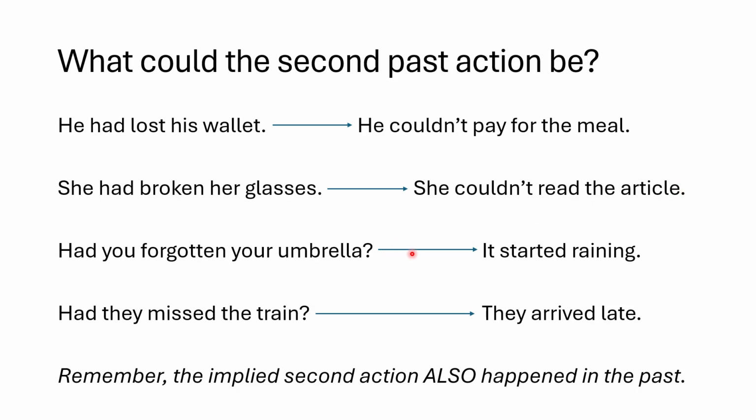What might happen next? It started raining. Had they missed the train? What might happen next? They arrived late. Remember, the implied second action also happened in the past.